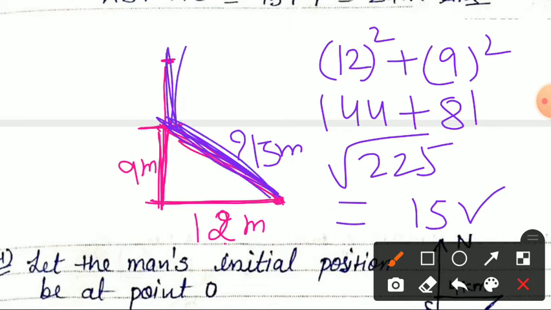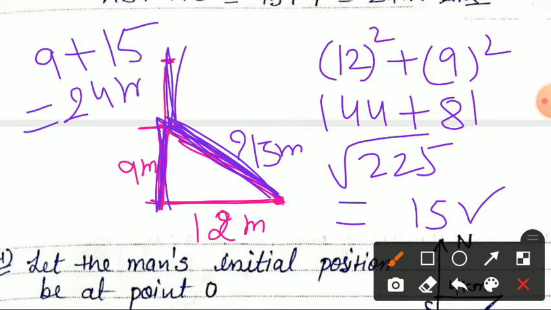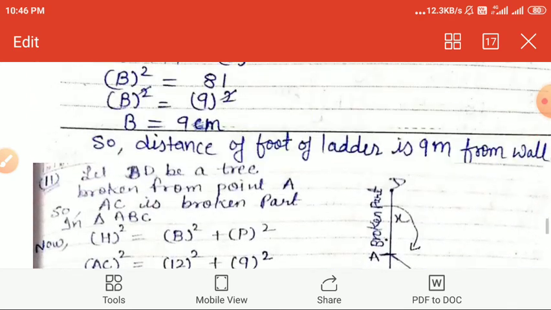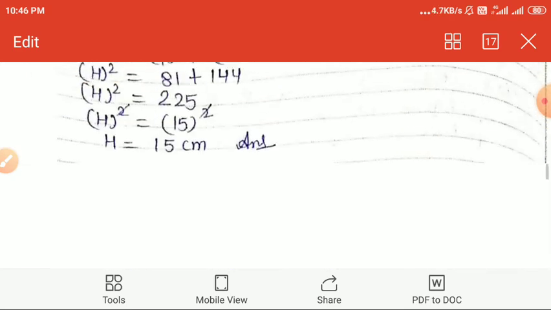So can we find the total height? This 9 meter is still upright. The tree is still standing at 9 meter and the broken part is 15. So total height before it broke is 9 plus 15, 24 meter. The height of the tree before it broke was 24 meter. I hope it's clear. Now the next question.